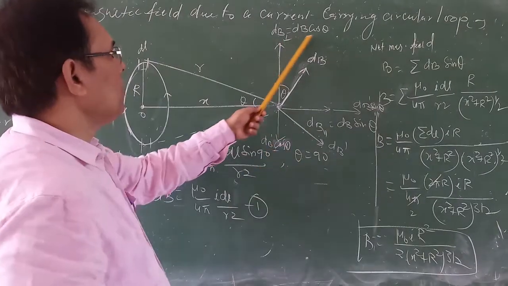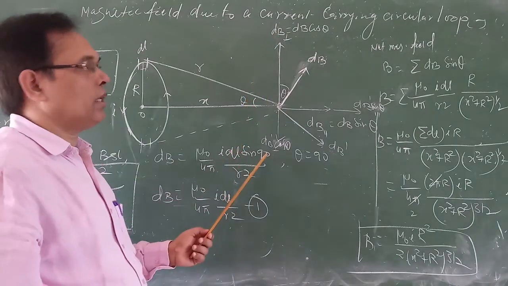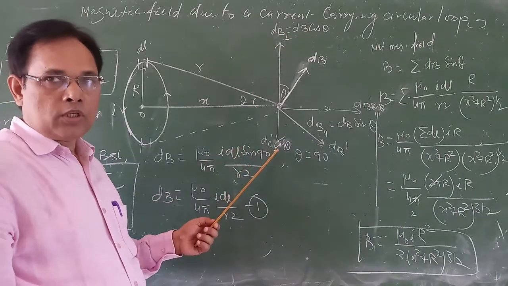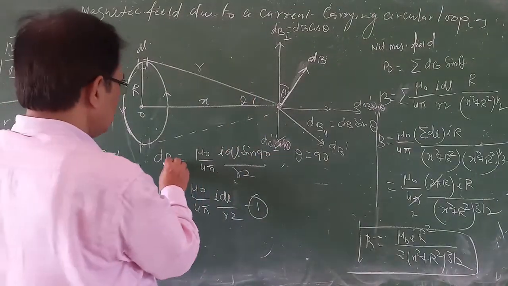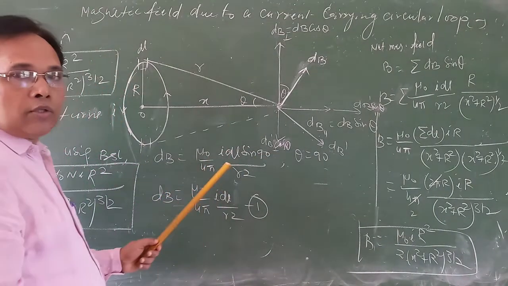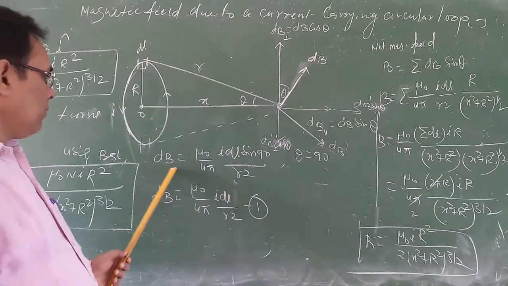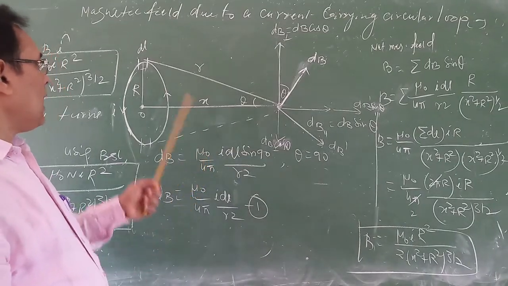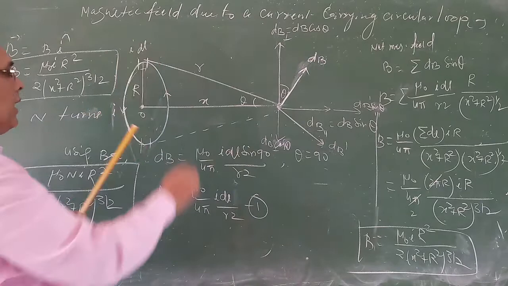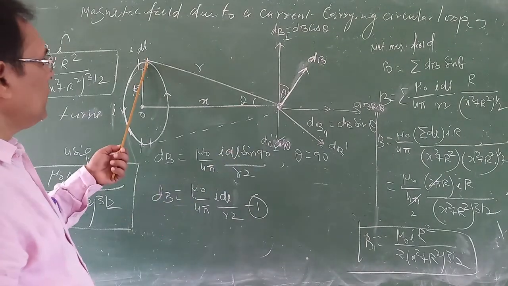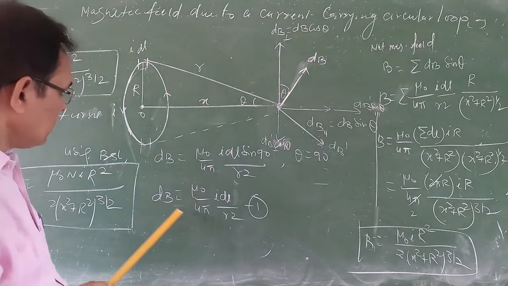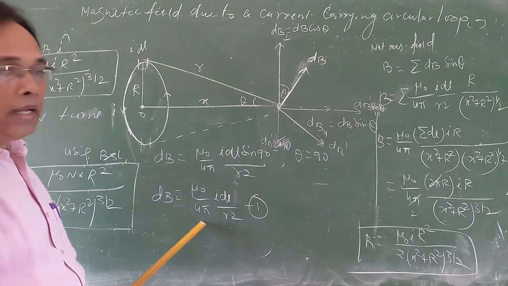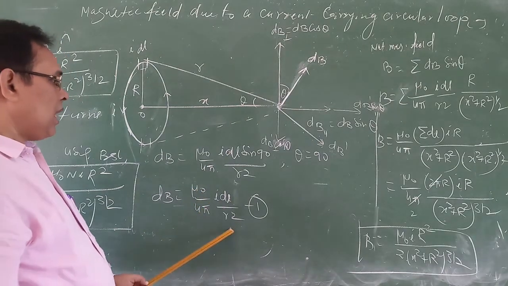Now dB cos theta and dB dash cos theta are vertically opposite, equal and opposite, so they will cancel. Using the Biot-Savart law, dB equals mu naught by 4 pi, I dl sin 90 degree by r square, so dB equals mu naught by 4 pi I dl by r square.